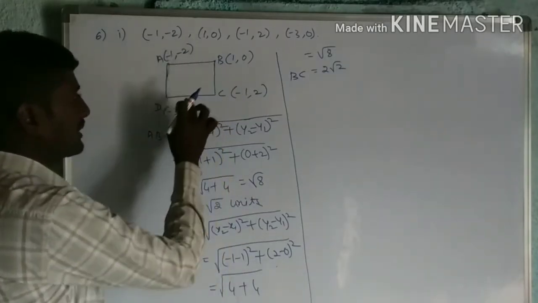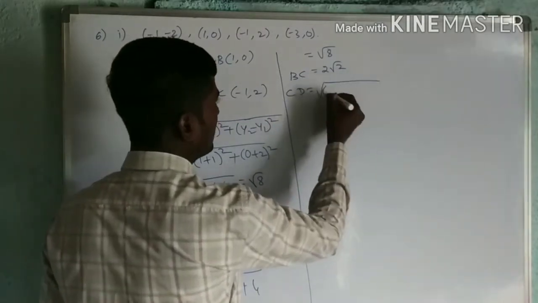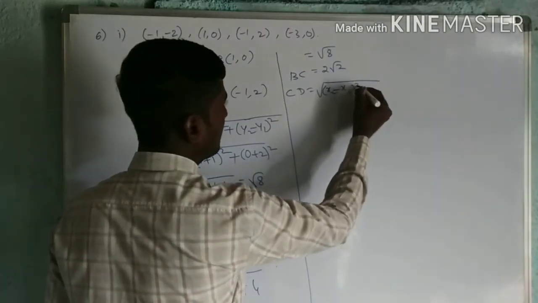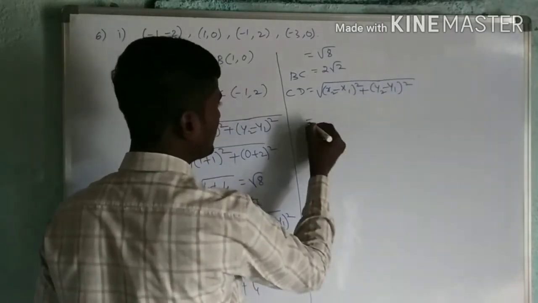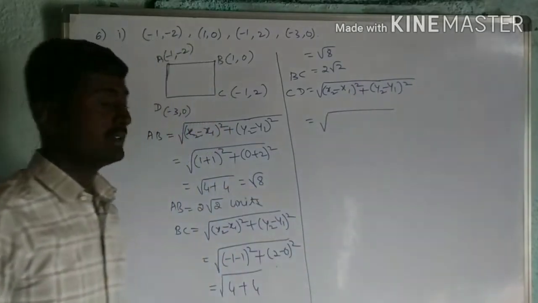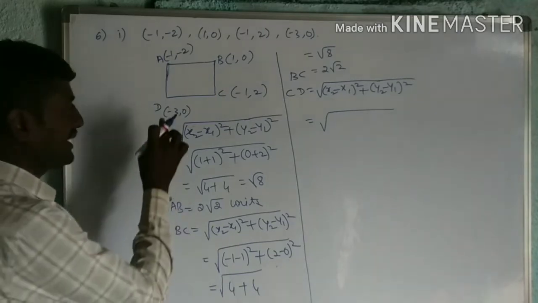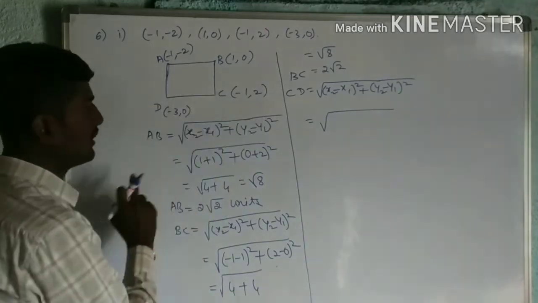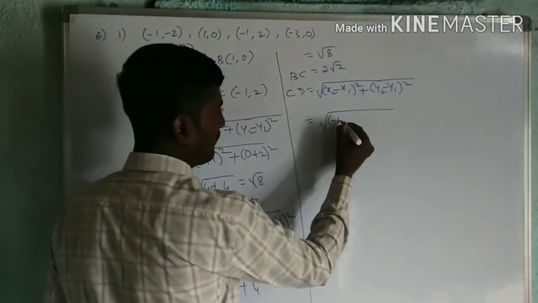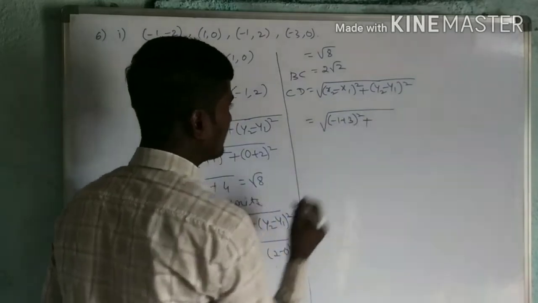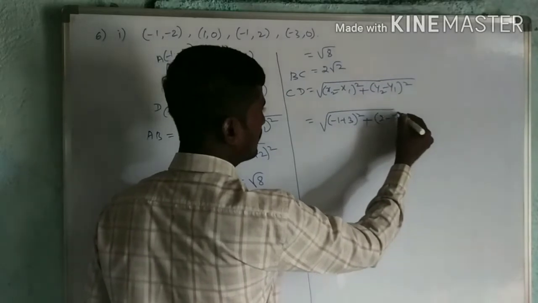AB over, BC over, then I'll go for CD. Now CD is equal to the square root of (x2 minus x1) whole square plus (y2 minus y1) whole square. For C and D, you can take any one as x1, y1 and any one as x2, y2. I will take this as x1, y1 and this as x2, y2. So it is (minus 1 plus 3) whole square plus (2 minus 0) whole square.